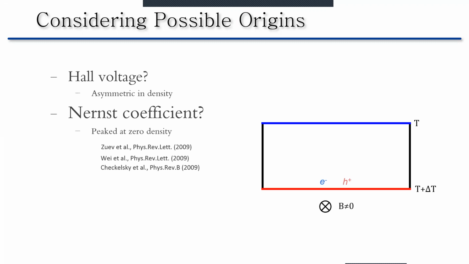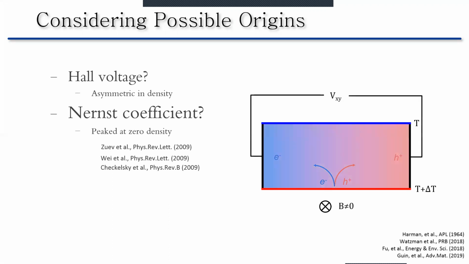Now, if we apply a magnetic field, then those diffusion paths will be deflected. And as a result, they'll build up a transverse voltage. And so the Nernst coefficient is the ratio of that transverse voltage to the applied temperature gradient.